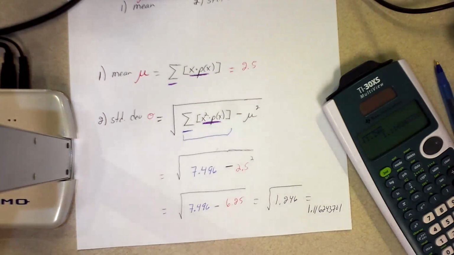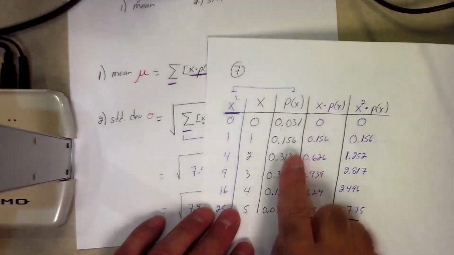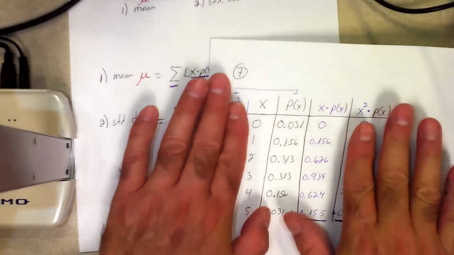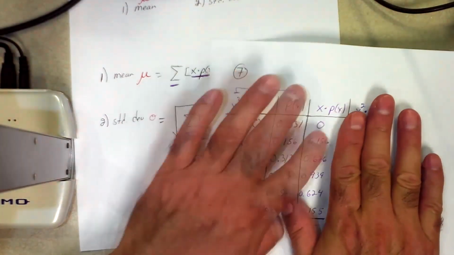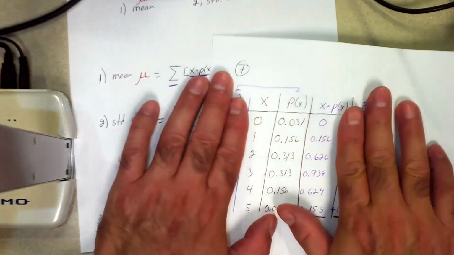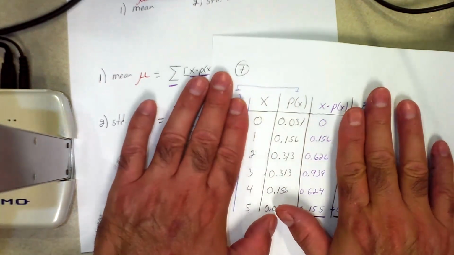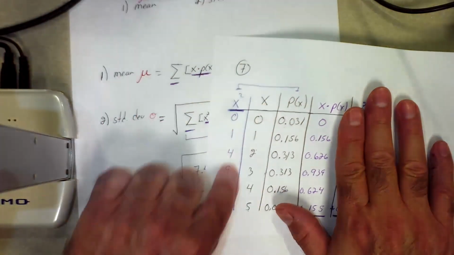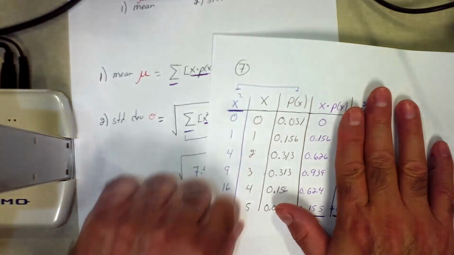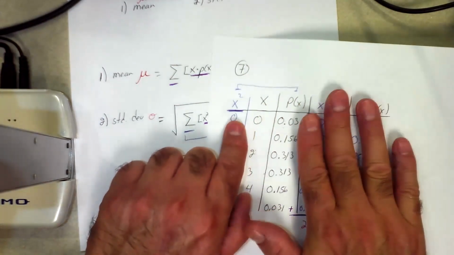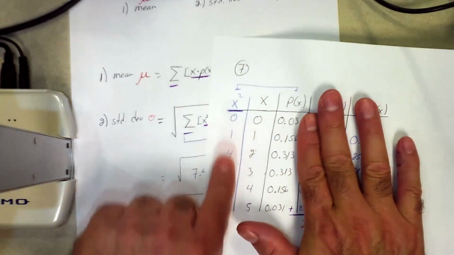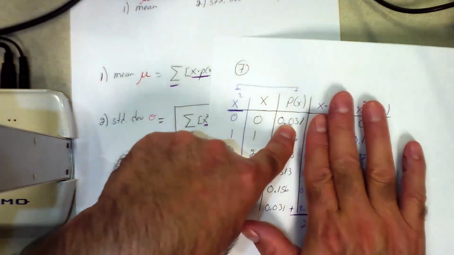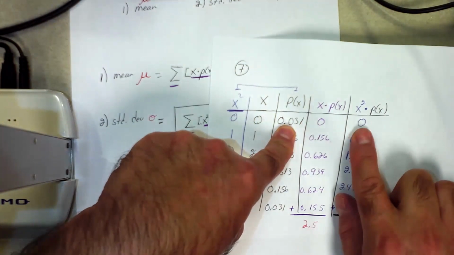So it goes back to your creation of your table. When we found the mean, you just multiplied those two to get the purple. When you do the standard deviation, you have to add an extra column in front. You're squaring your x's, and then multiplying each of your new values of x squared by the p of x to get these numbers.